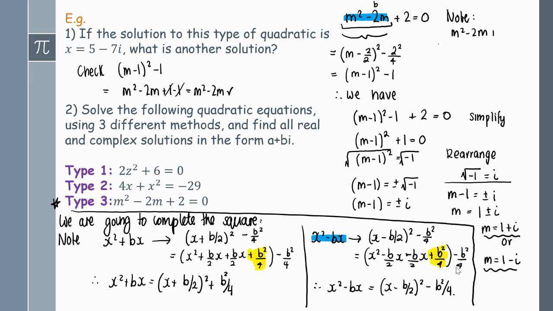Also, notice there's another way to complete the square here. If we break down at the beginning, m squared minus 2m plus 2 is the same thing as m squared minus 2m plus 1 plus 1. And we know that m squared minus 2m plus 1 is the same thing as m minus 1 squared.